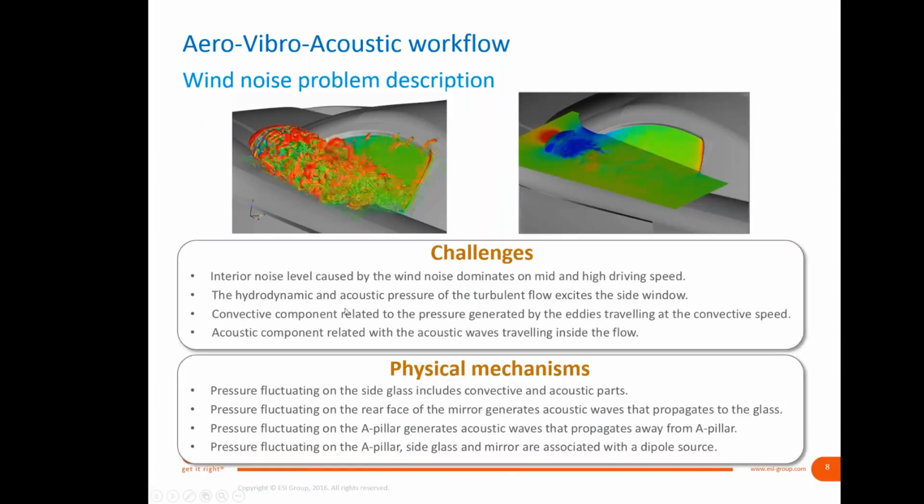So there are two phenomena to take into account in this load. As said, the convective component, which is the way the turbulences hit the window, and the acoustic component, which is the sound generated by these turbulences in the air, and this sound pressure is impacting the side window.